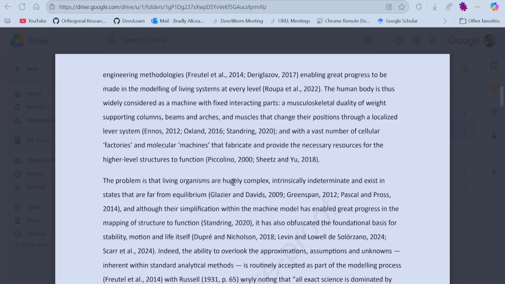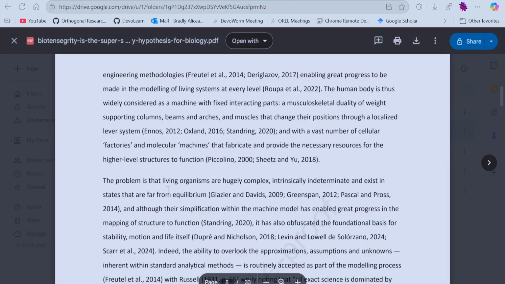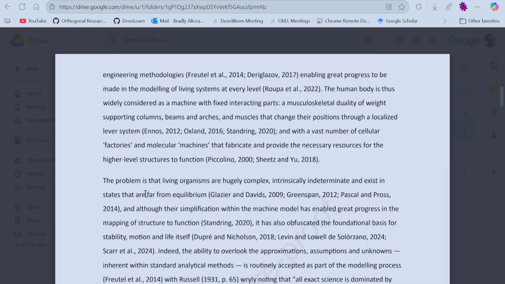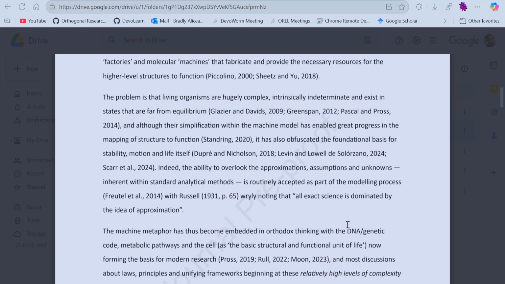The problem is that living organisms are hugely complex, intrinsically indeterminate, and exist in states that are far from equilibrium. And although the simplification within the machine model has enabled great progress, it has also obfuscated this foundational basis for life.